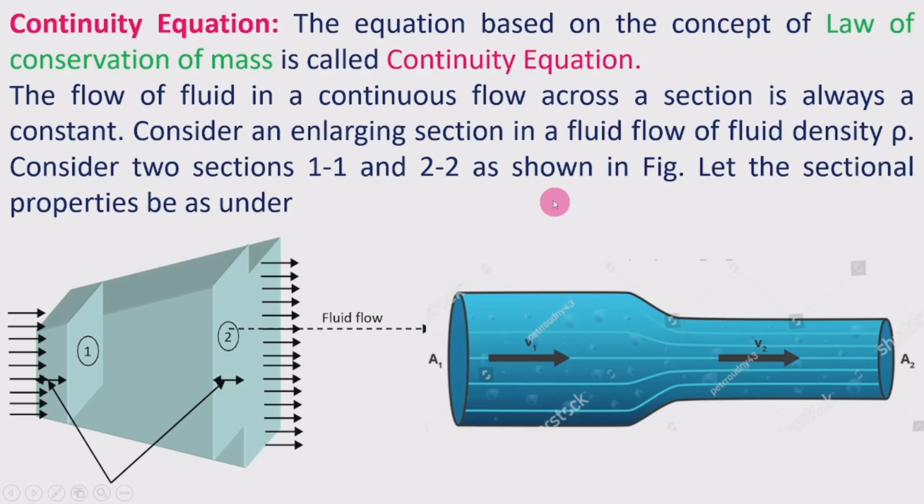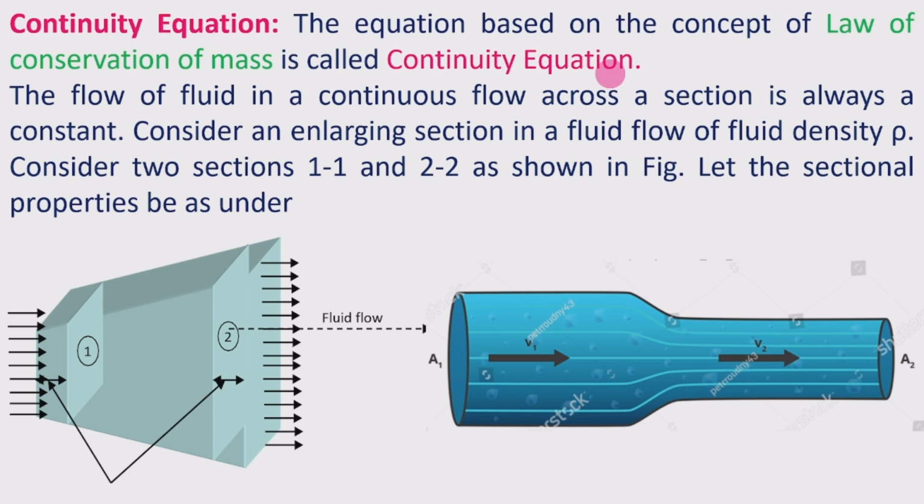Moving to next, what is the continuity equation? We'll take the definition first. The equation based on the law of conservation of mass is called the continuity equation. The law of conservation of mass means that mass is neither created nor destroyed, and it will be the same across the section of the flow.